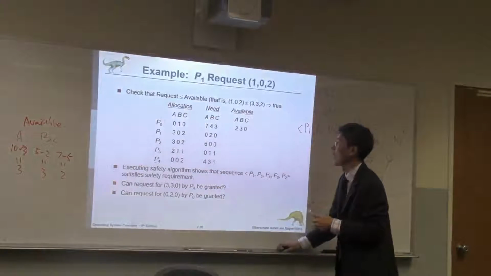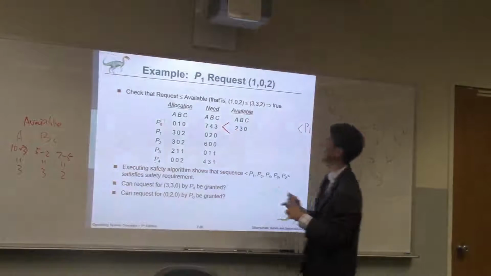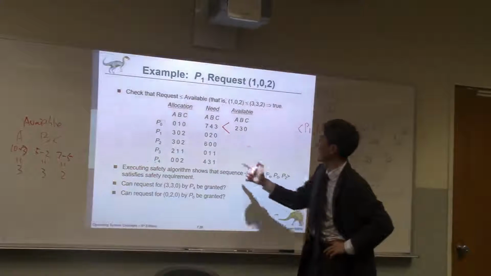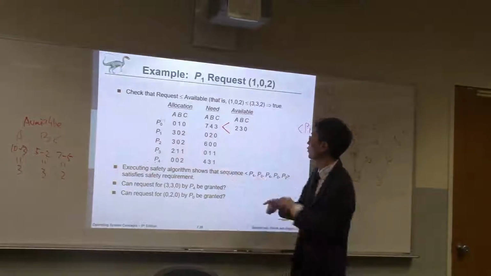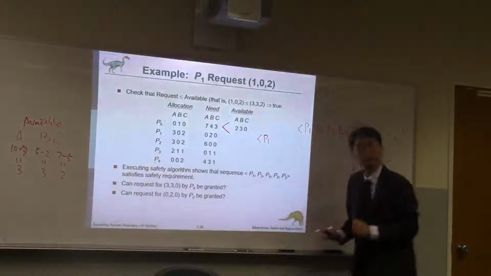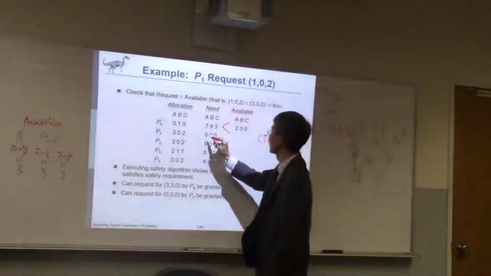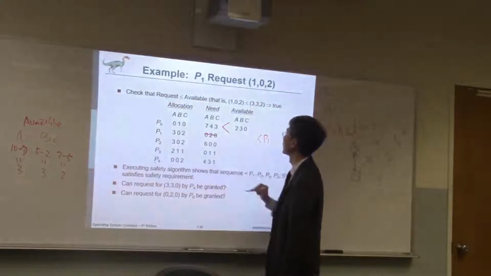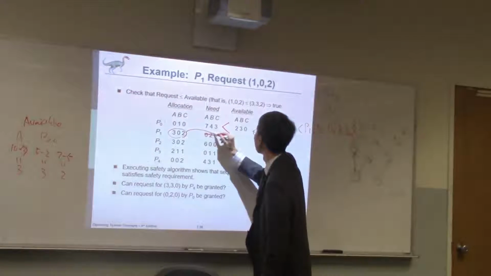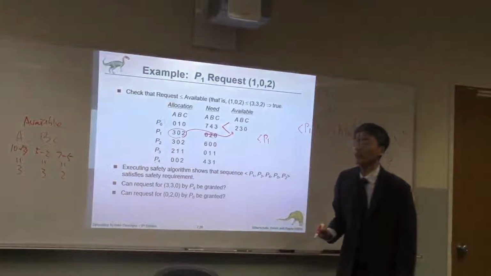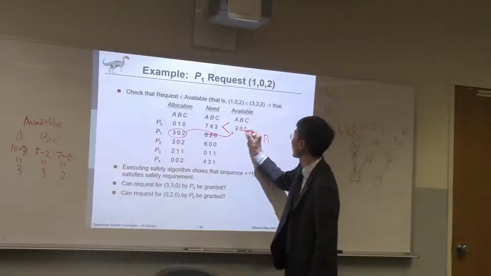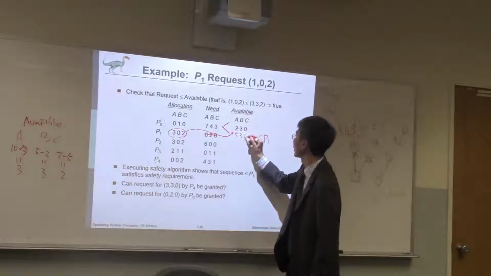So our goal is to find the process list that satisfies this. Which one will be available? Either P1 or P3. What if P1? This one will be terminated, correct? Then this resource will be returned to here, which means adding 5, 3, 2.